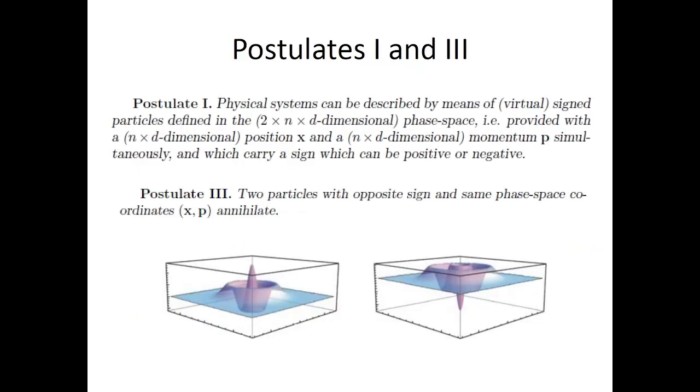So we can now go through the three postulates which define the sign particle formulation of quantum mechanics, and this time we are going to go through the many-body version of these postulates.